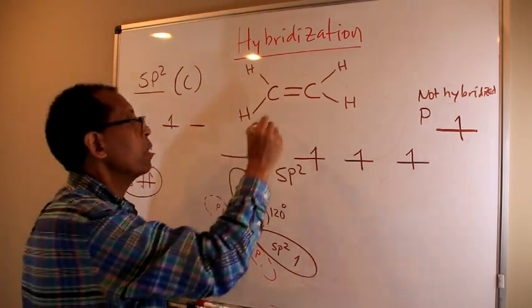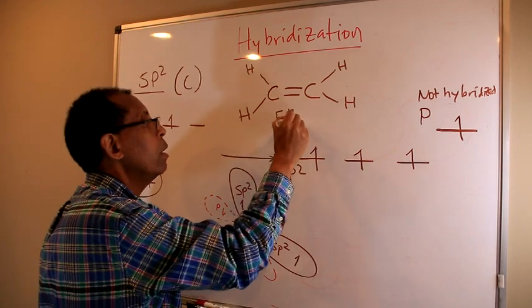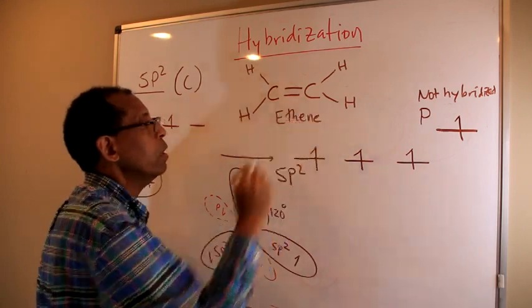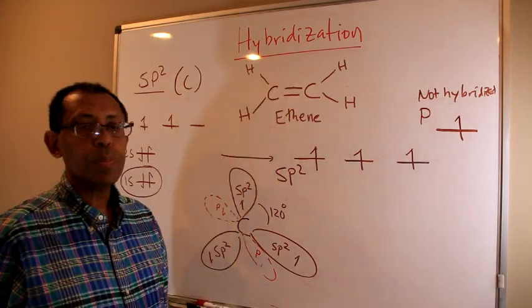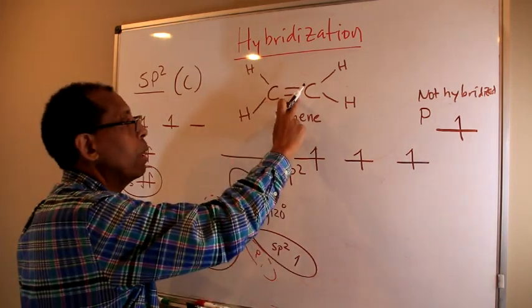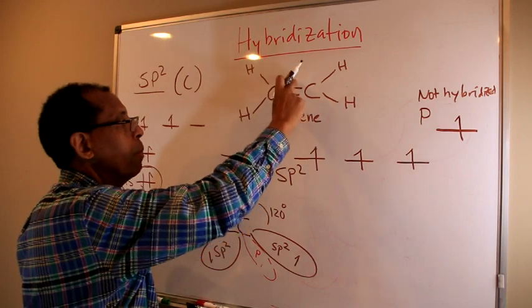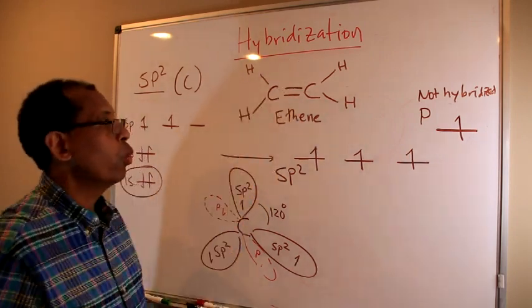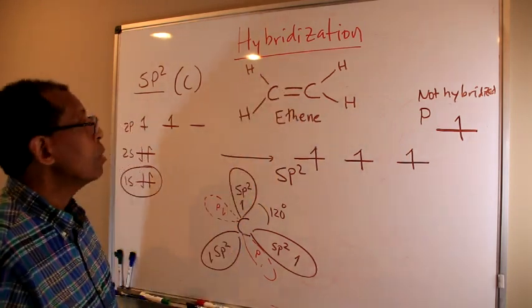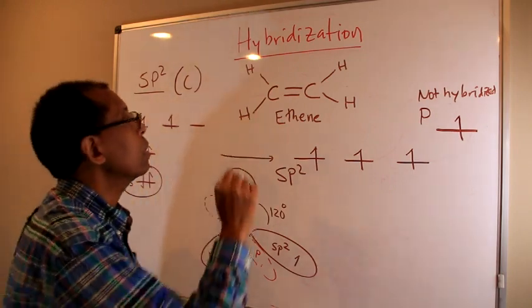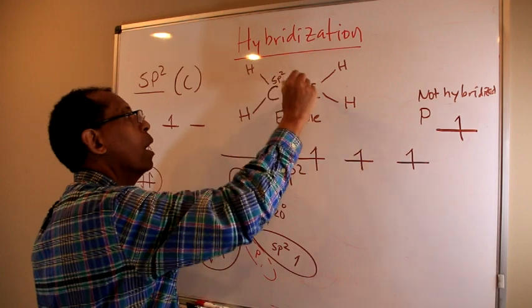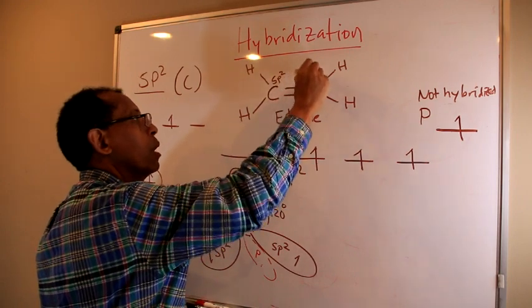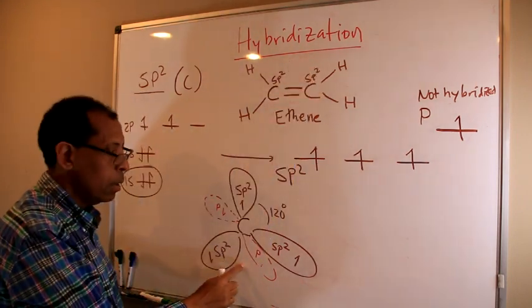We'll discuss it later in detail in the future. It is ethene. It has a double bond, one sigma bond and one pi bond. I will explain which one is a pi bond. So suppose this carbon is an sp2 hybridized carbon. Actually it is an sp2 hybridized carbon, exactly like this.